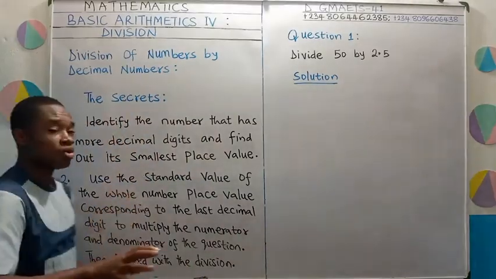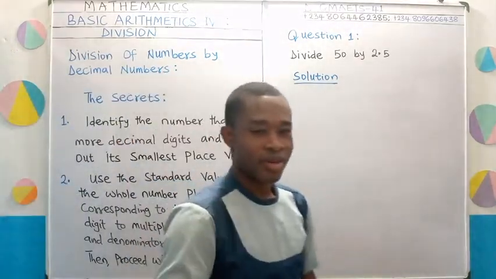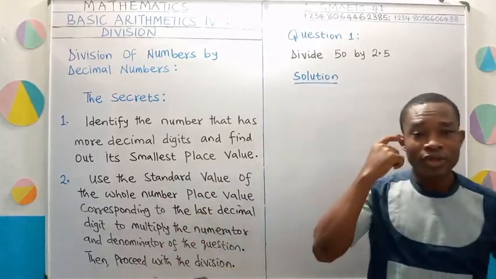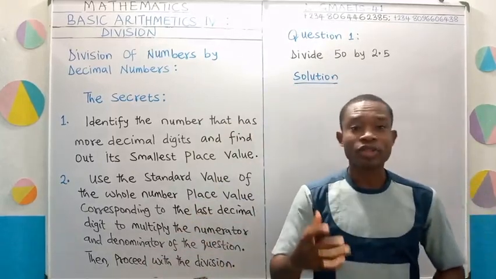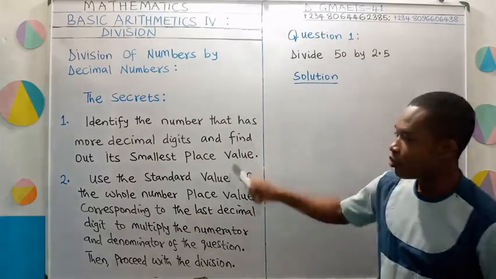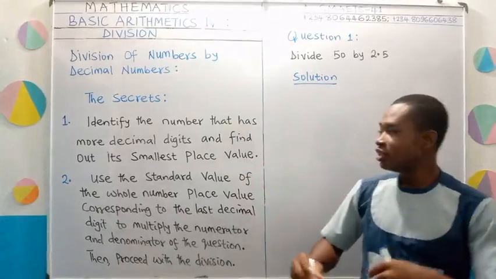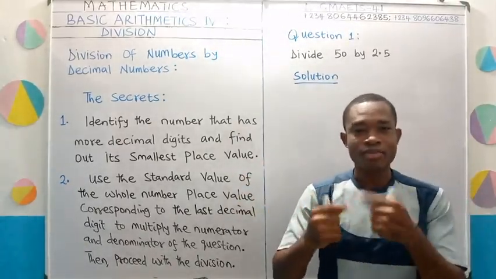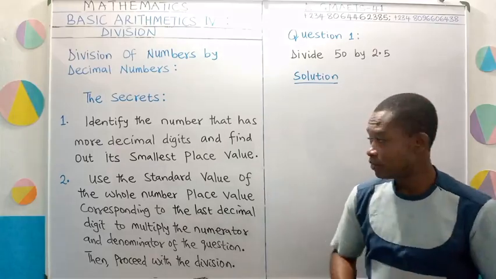Then secret number 2, very important. This is why I actually told you to make sure you revise the notes or even watch the video lesson on standard value. Now from point 1, I already know the smallest place value of the number that has more decimal digits in what I'm about to divide.